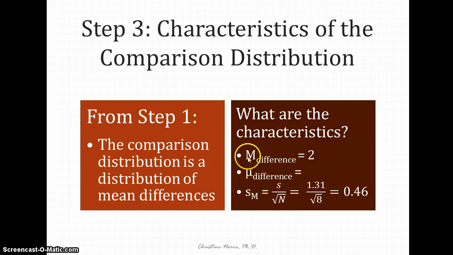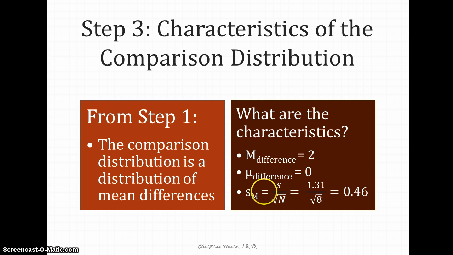That leaves us with this last piece of information here, the mu subdifference, for the mean of the distribution of mean differences. So essentially, if we imagine that our null hypothesis is true, then the difference between before and after at the population level should be 0.